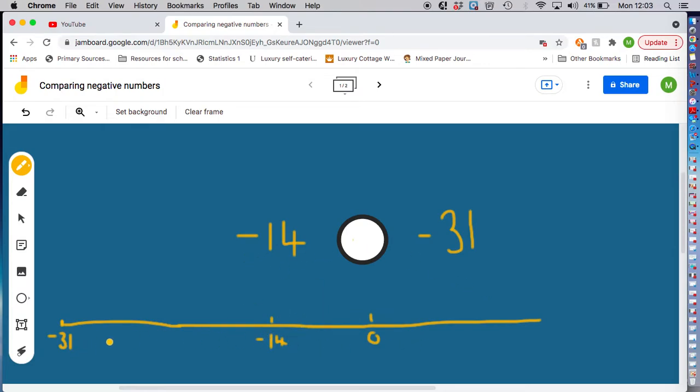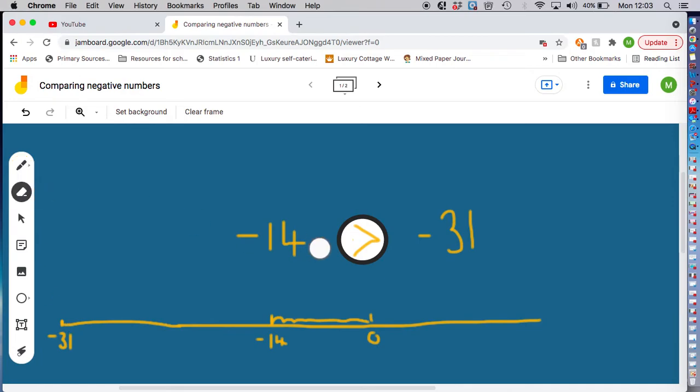Which one's further below 0? Negative 31. With negative numbers, the further away from 0 you get, the smaller the number. So that must mean that negative 14 is greater than negative 31, because negative 14 is only 14 jumps away from 0, whereas negative 31 is 31 jumps away from 0. It's got much further to go.